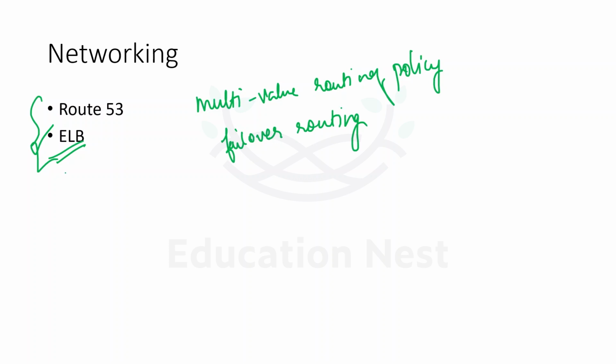If you want to distribute your traffic between multiple availability zones, then ELB would be helpful. If you want to route your traffic across regions, then Route 53 would be a good choice.